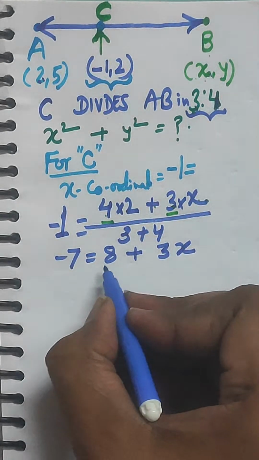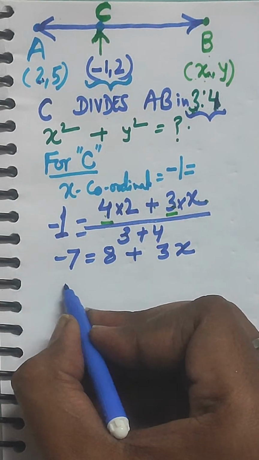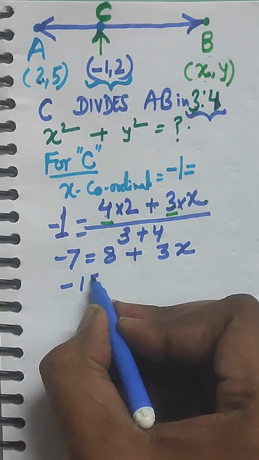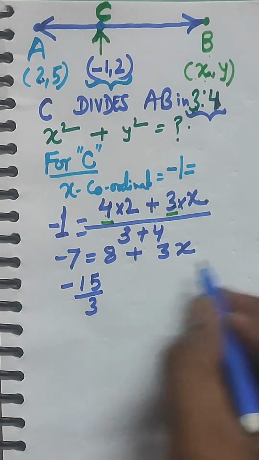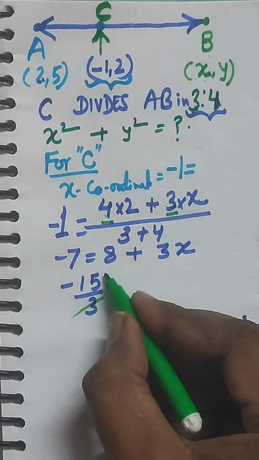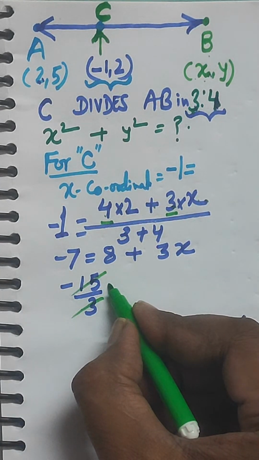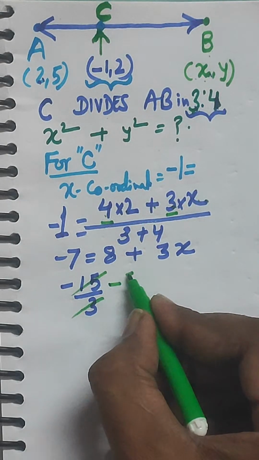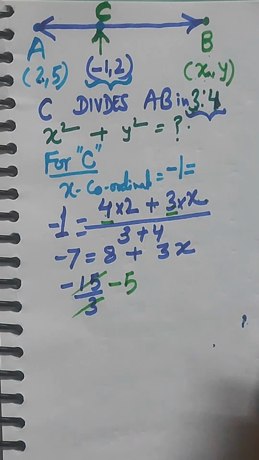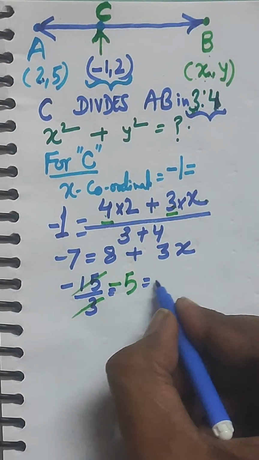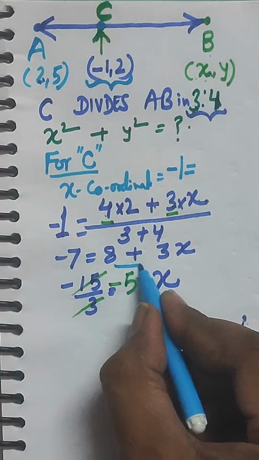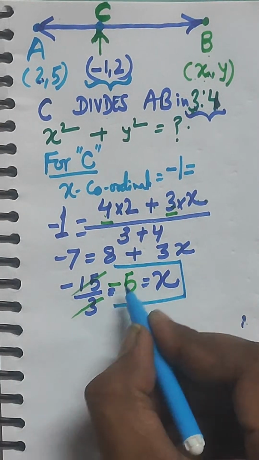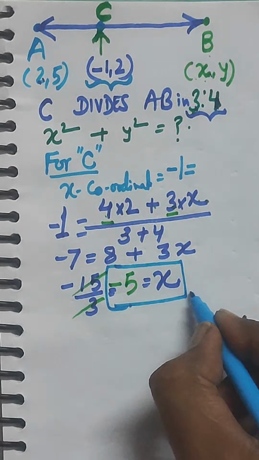So when 8 comes to the LHS, it will be -15 divided by 3. We'll be dividing -15 by 3, which is -5. So -5 will be the value of x. So this we have calculated. -5 is the value of x.